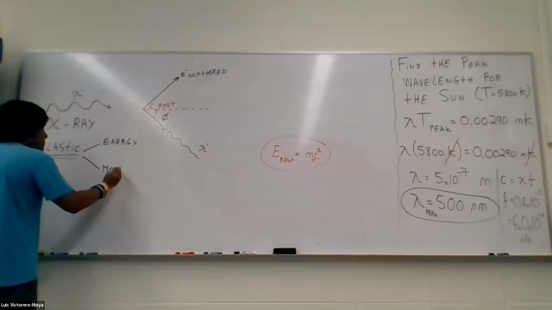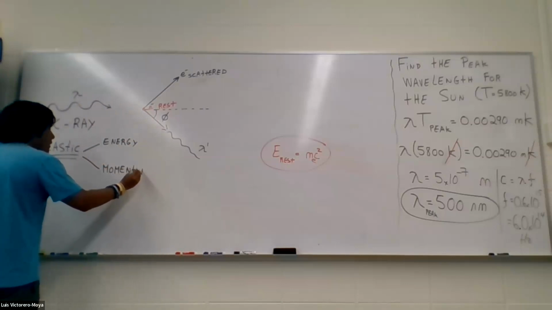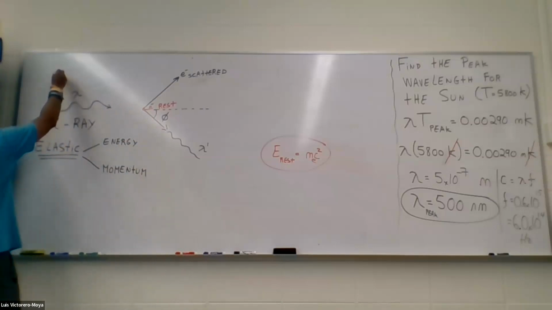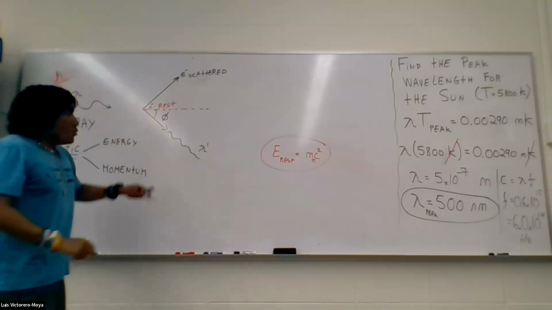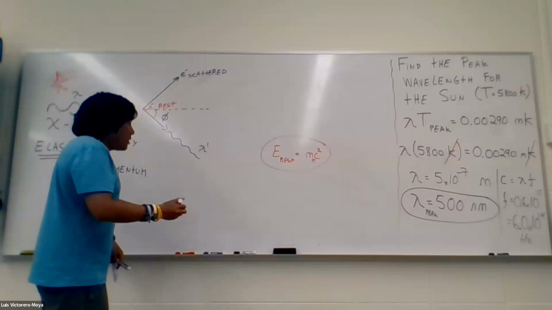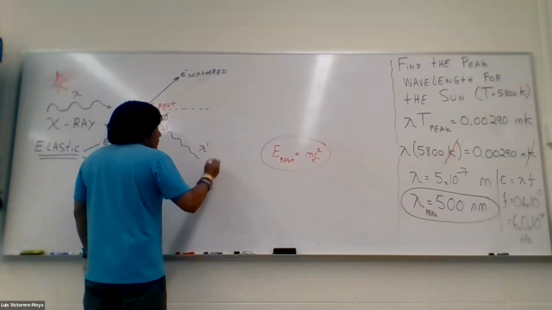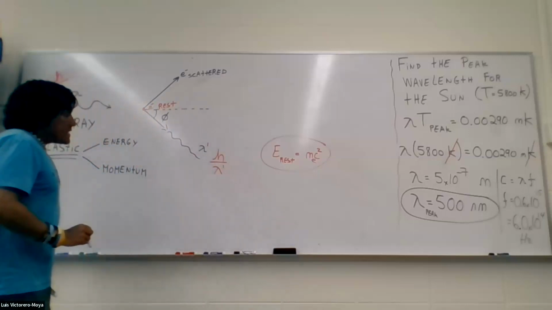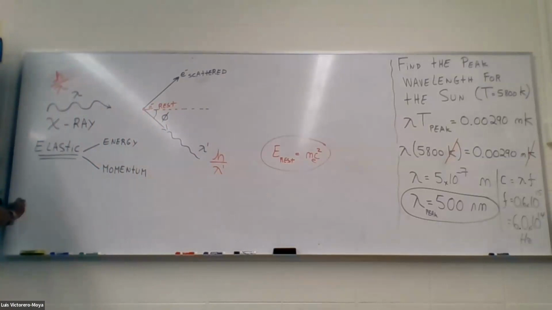So that's key, because the momentum of the X-ray here was h divided by lambda. The momentum here decreases because the wavelength increases: h divided by lambda prime. So the lambdas change. Lambda prime minus lambda.